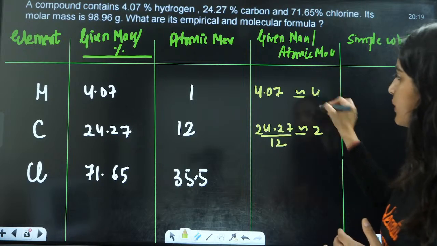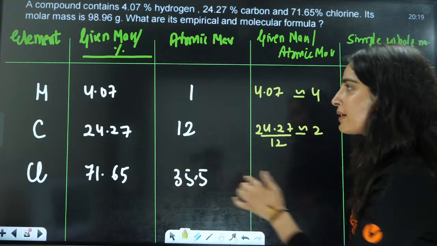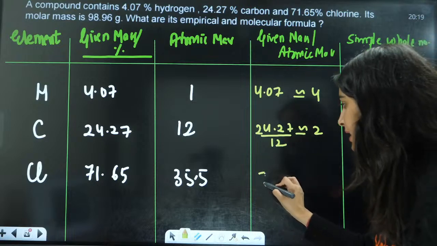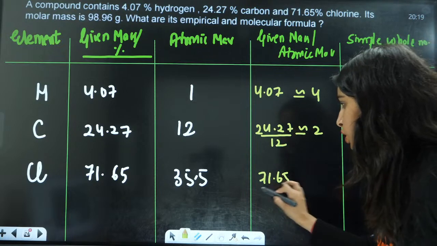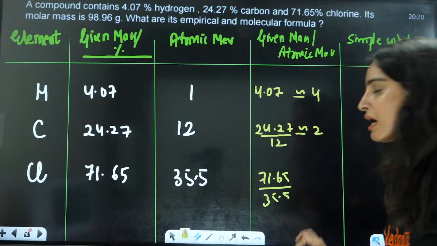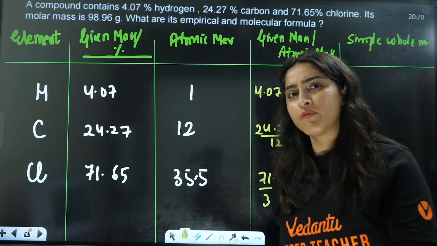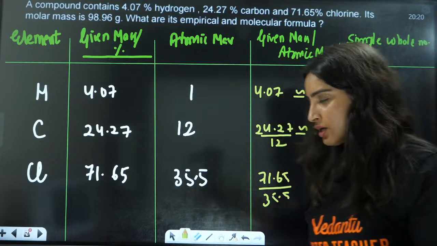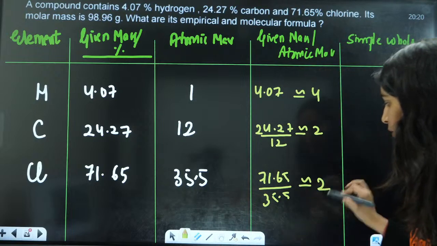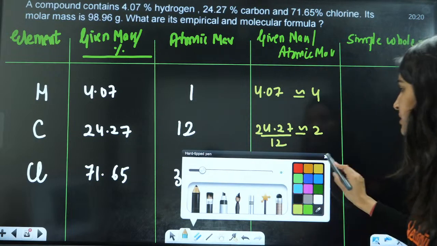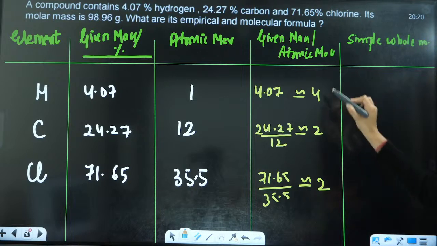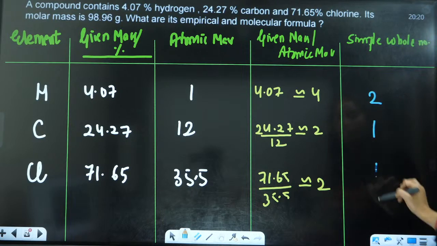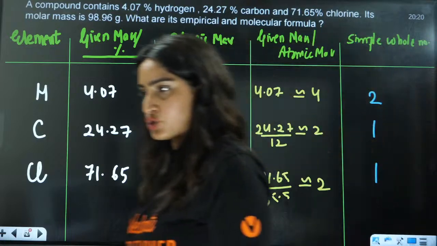This is approximately equal to 4. And for chlorine, 35.5 into 2 is somewhat equal to 70, so this is approximately equal to 2. So in the simple whole number ratio, this is 2, 1, 1.